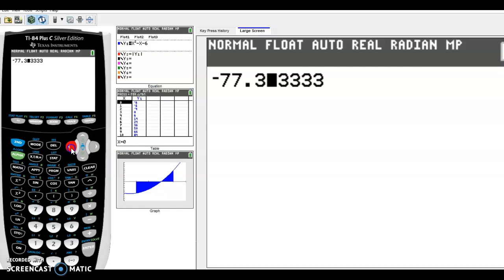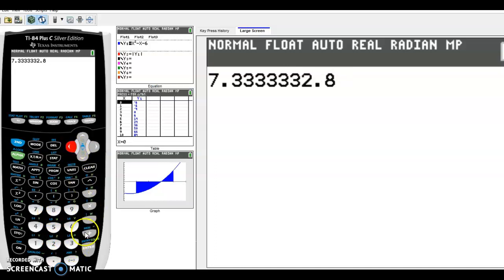Sorry, my sensitive clicker here. Here we go. So I'm going to put that value, which is the negative of the integral that was below the x-axis, and then I had 2.8333.